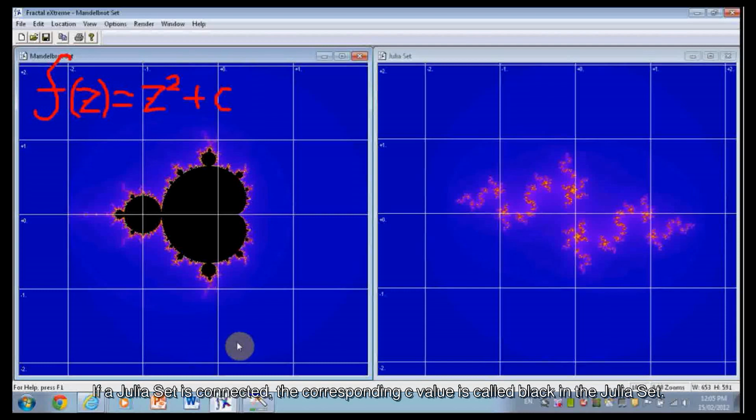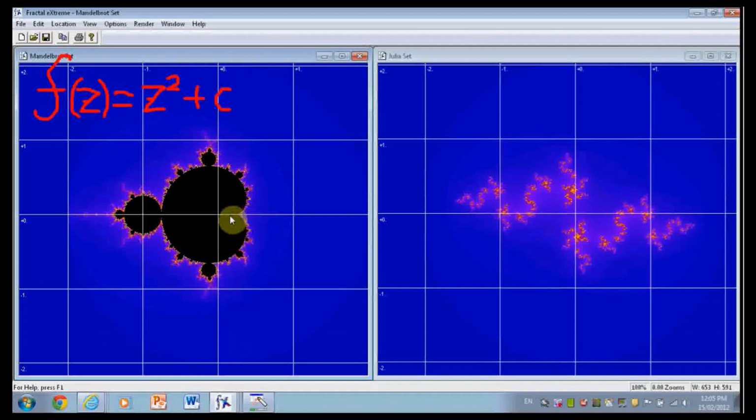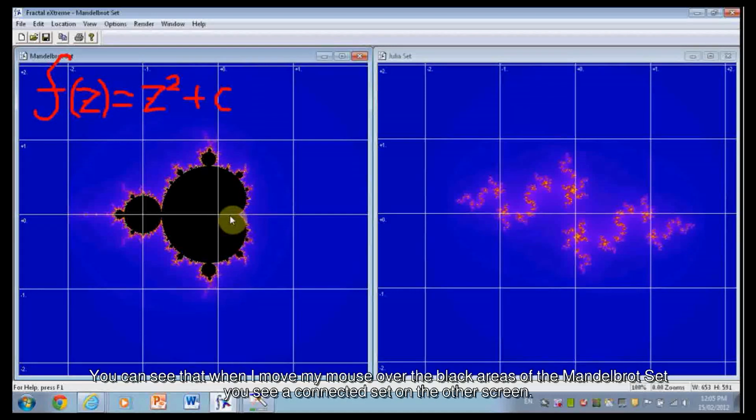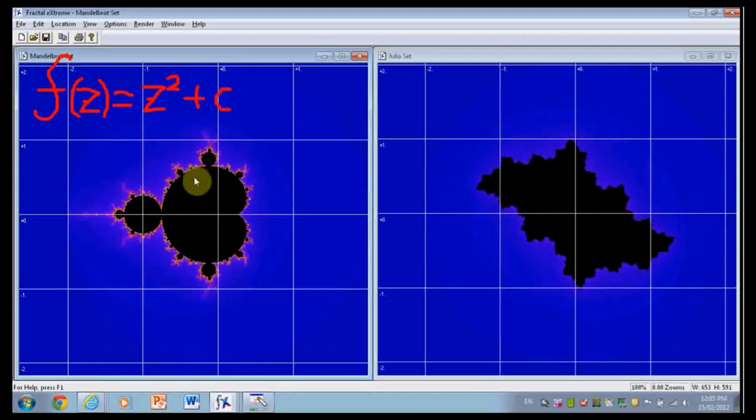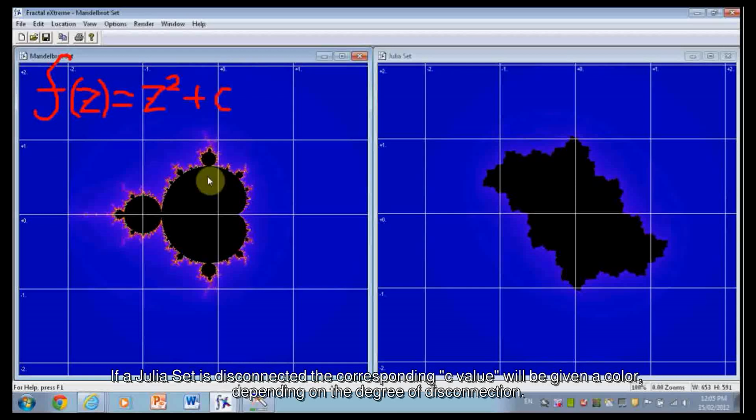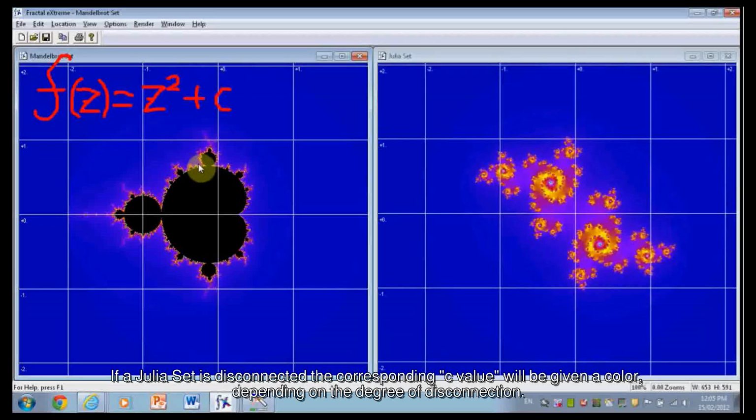If a Julia set is connected, the corresponding c value is colored black in the Mandelbrot set. You can see that when I move my mouse over the black regions of the Mandelbrot set, you see a connected set on the other screen. If the Julia set is disconnected, the corresponding c value will be given a color, depending on the degree of disconnection.